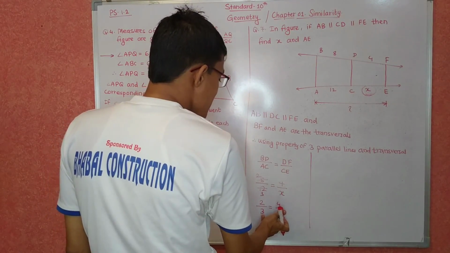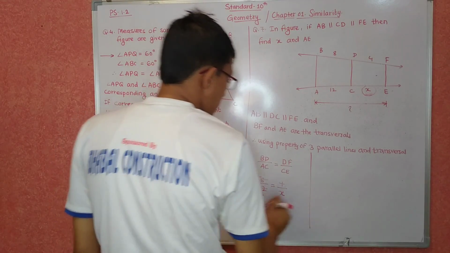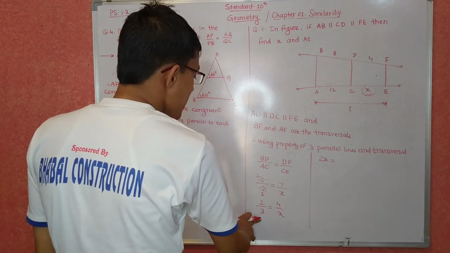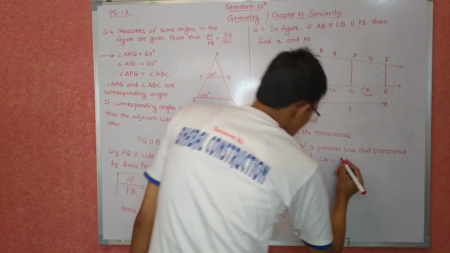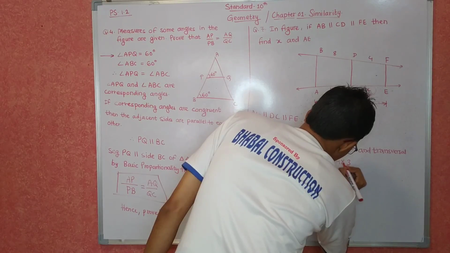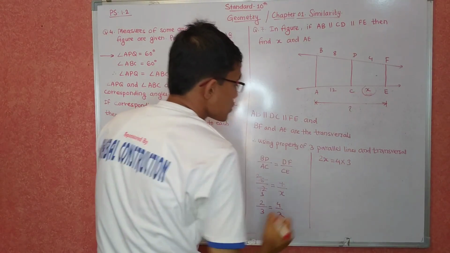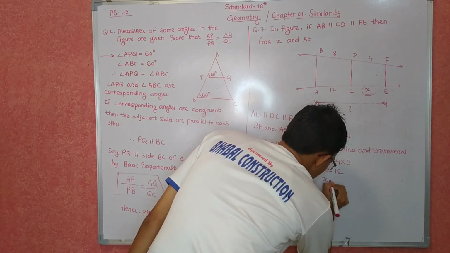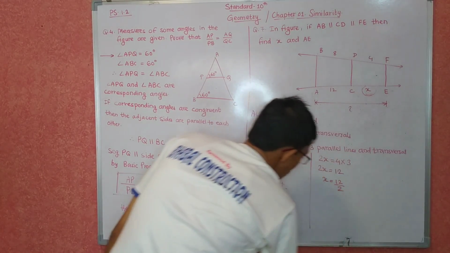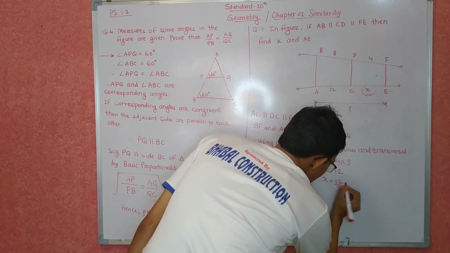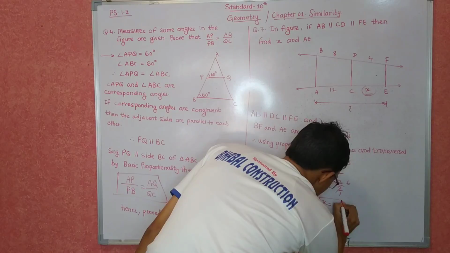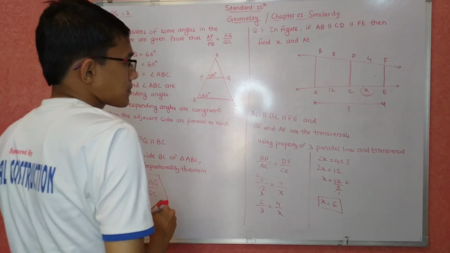So this X is dividing in the RHS, it is going to multiply. So we get 2X is equal to, and this 3 is dividing in the LHS, it will be multiplied on the RHS. So 4 into 3. So we get 2X equal to 12, X equal to 12 upon 2. 2 1s are 2 and 2 6s are 12. Therefore, X is equal to 6. Okay, this is the value of X.